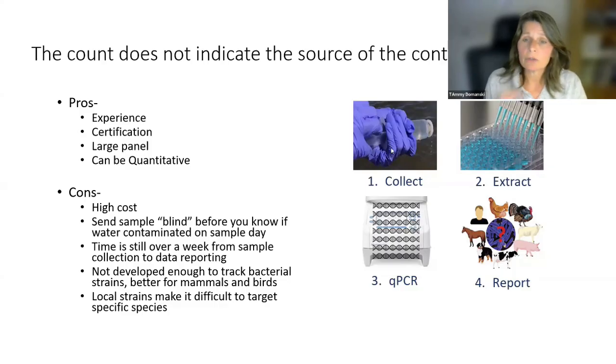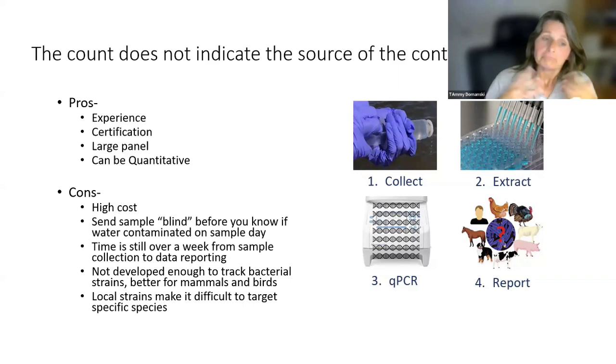You collect water, you pass it through a filter, which should collect all of the DNA and some cells. You then extract it, break everything down, look for these targets, and get numerical data that's going to give you an answer. So a couple of the cons, then I'll get to the results we had.